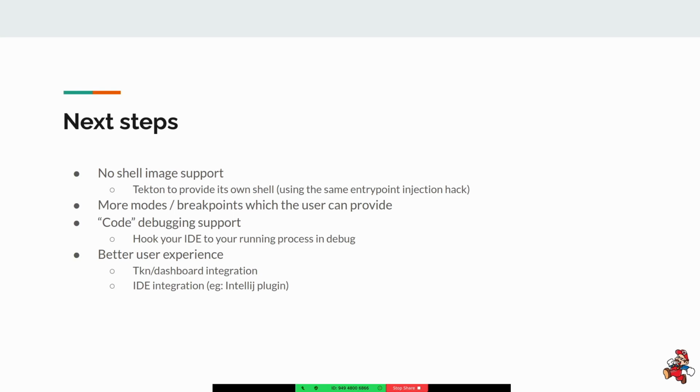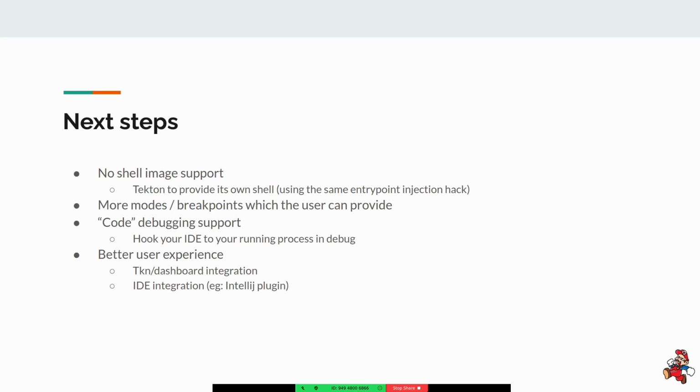And of course, probably one of the most important next steps is a better user experience. We would like to make it even easier for the user to debug their steps or their pipeline. So integrate it with tkn, the official Tekton client, or the dashboard, where you could just see it failed and it's in debug mode.